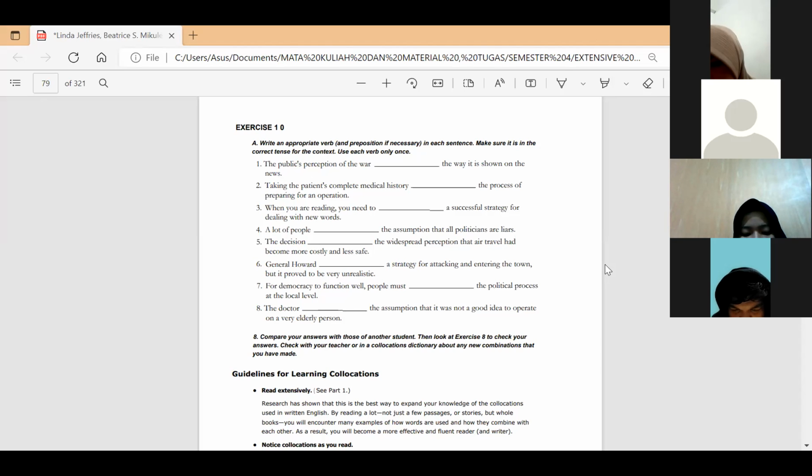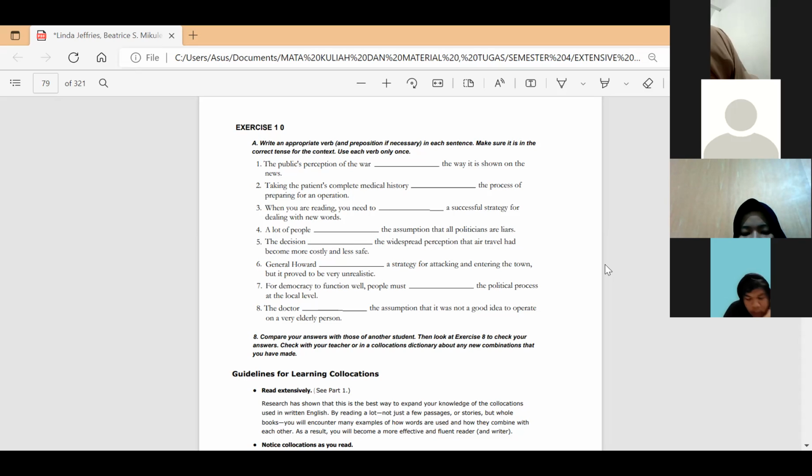So, number one, the public's perception of the war was a propaganda can be seen from the way it is shown on the news. Number two, taking a patient's complete medical history aims to launch the process of preparing for an operation. Number three, when you are reading, you need to read loudly. That is a successful strategy for dealing with new words. Number four, a lot of people made the assumption that all politicians are liars.